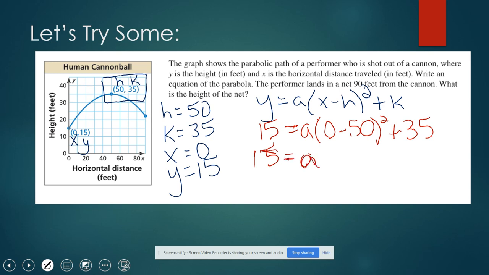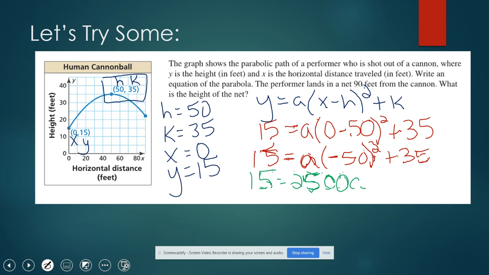Zero minus 50 is negative 50. Then we're going to square negative 50 to get 2,500. So we have 2,500A plus 35.